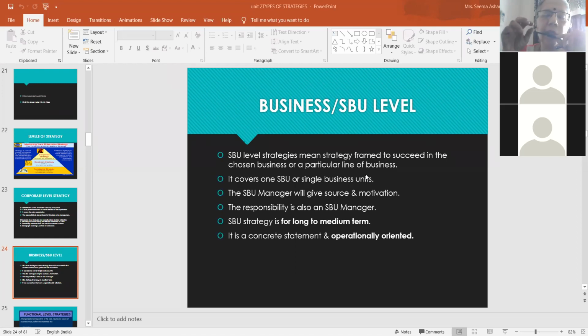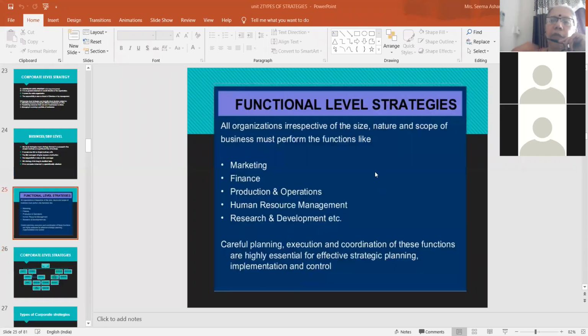Right, so each of these SBUs will have their own set of strategies, which is called an SBU level or business level strategy. This strategy is also made by the manager of the SBU, and these strategies may be long to medium term. The third level of strategy is functional level strategy.